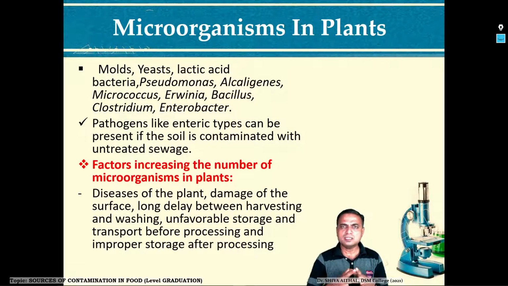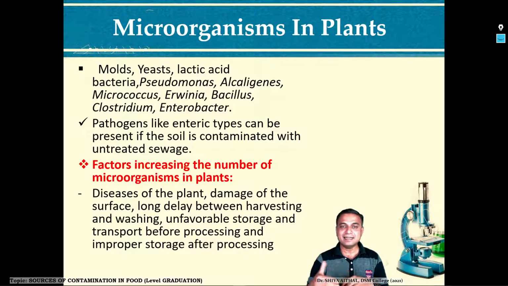Microorganisms present in plants usually are molds, yeasts, lactic acid bacteria, Pseudomonas, Alcaligenes, Micrococcus, Erwinia, Bacillus, Clostridium, Enterobacter. Bacillus is one of the major components of soil, so it is bound to be there.